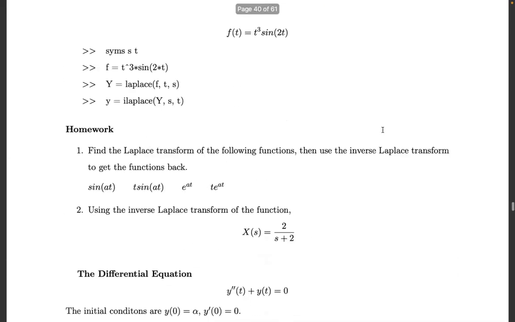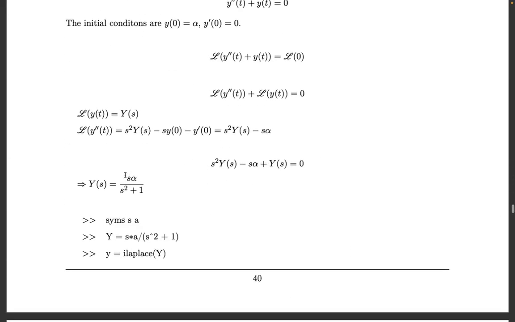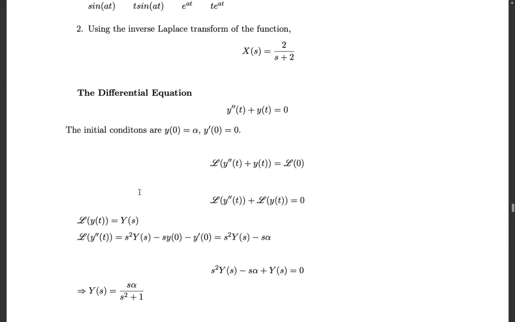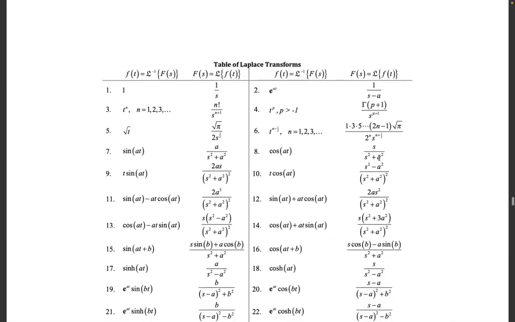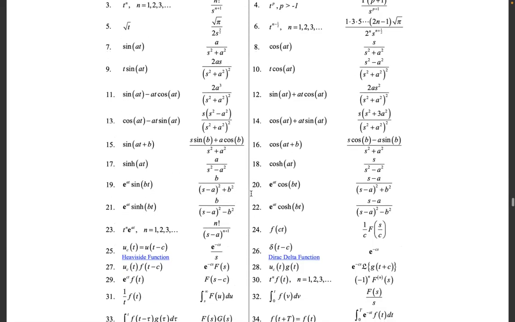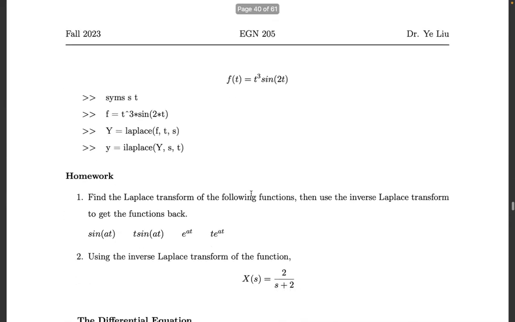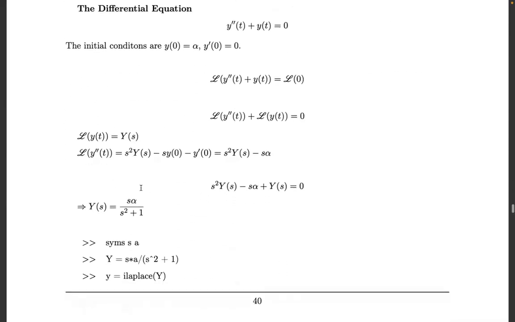For this result, s squared plus 1, we know a is just 1, right? So this is cosine t. Since we still have alpha here, the result should be alpha times cosine t.